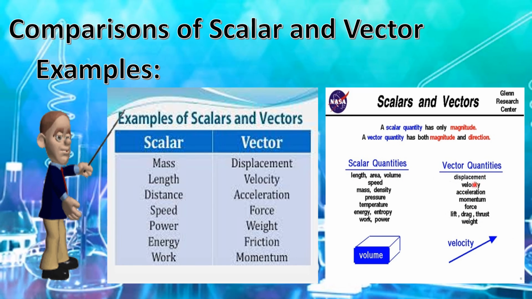For your vector quantities, these are your displacement, velocity, acceleration, momentum, force, lift, drag, thrust, and weight. So you can differentiate these from each other because scalar quantities, again, have only magnitude or size, but vector quantities have magnitude or size and direction.